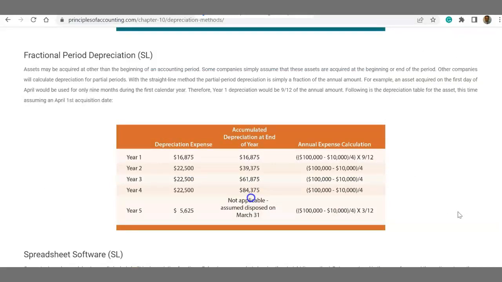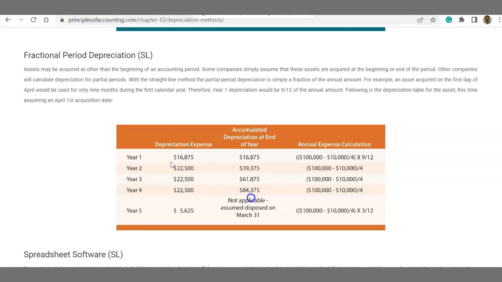So what is this saying? This is saying, how about if you purchase, let's say, the asset, not exactly on January 1st, but let's say on April 1st. So you used it for 9 months out of 12.